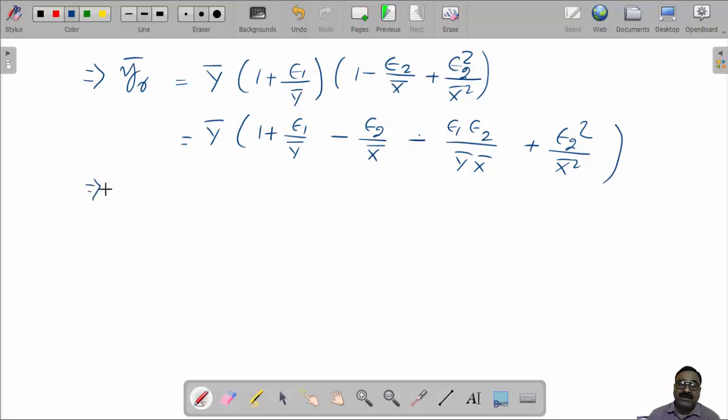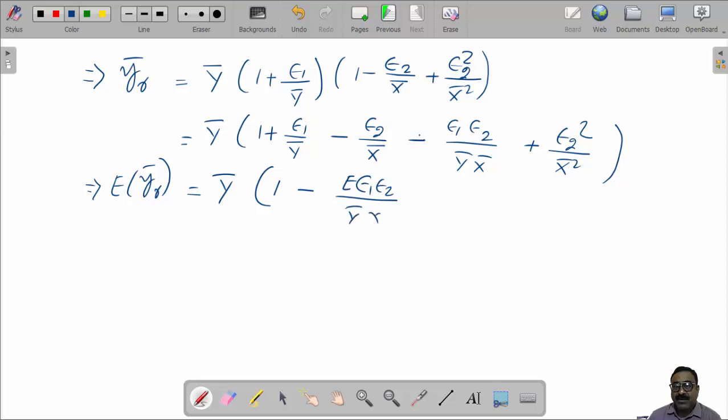Now taking expectation on both sides, we get expectation of ȳ_R equal to Ȳ into 1 plus expectation of epsilon 1, which is 0, minus expectation of epsilon 2, which is 0, minus expectation of epsilon 1 epsilon 2 by Ȳ X̄ plus expectation of epsilon 2 square by X̄ square.